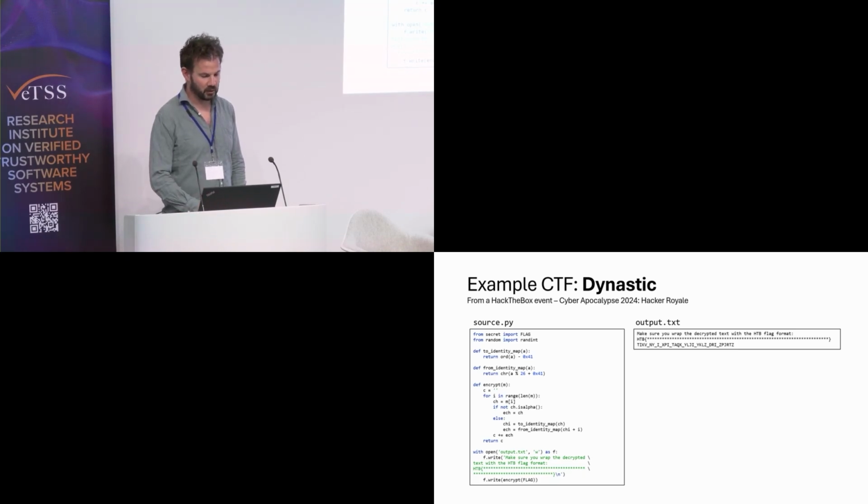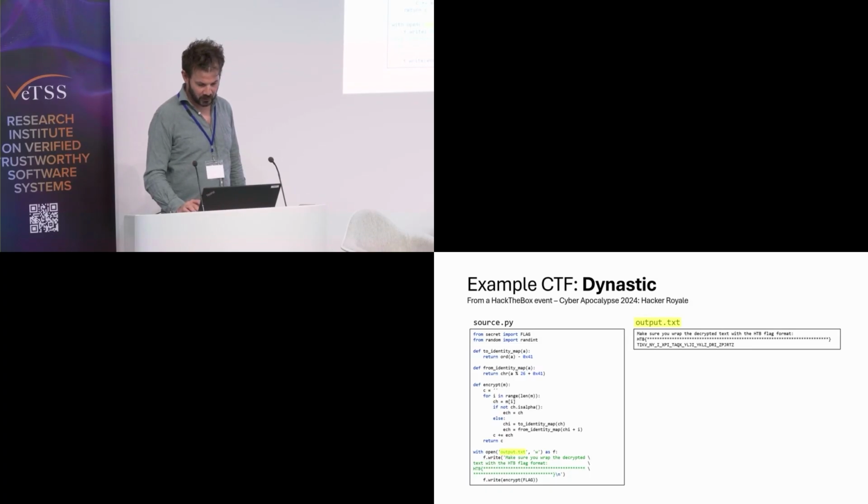And if you look at the top of this Python file, you can see that from secret, flag is being imported. So this Python program was executed, and flag would have been available when it was executed, and it produced output.txt, which is an encrypted version of the contents of flag.